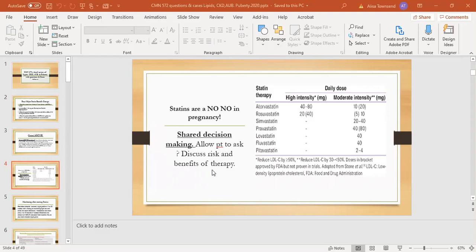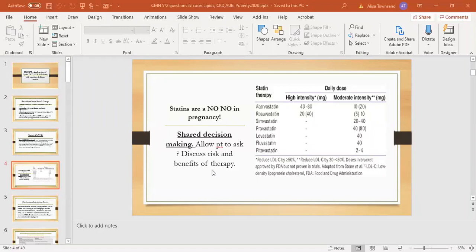Over on the right-hand side of your screen, not sure which way it'll be for y'all, you'll see the different statins listed, and you see the high intensity and the moderate intensity. This is important, it's real important to know.